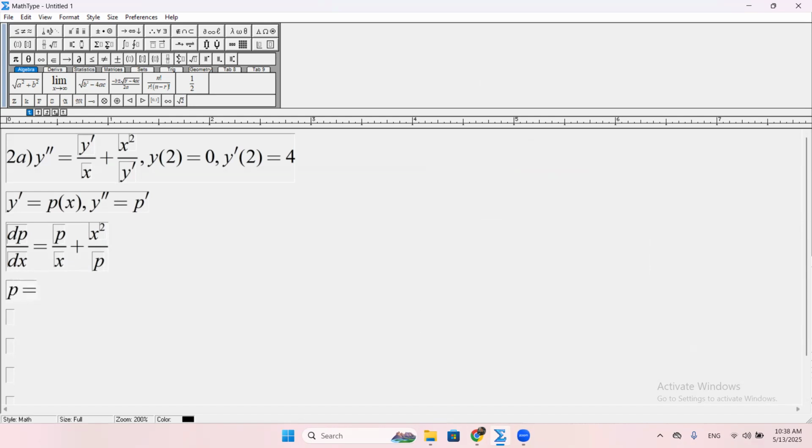So p will be equal to uv, then p prime equals u prime v plus uv prime. So writing down the equation: uv over x plus x square over uv.